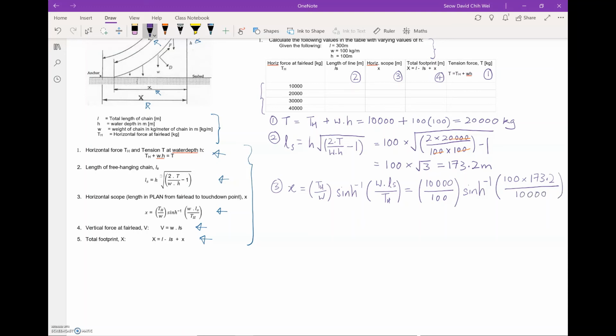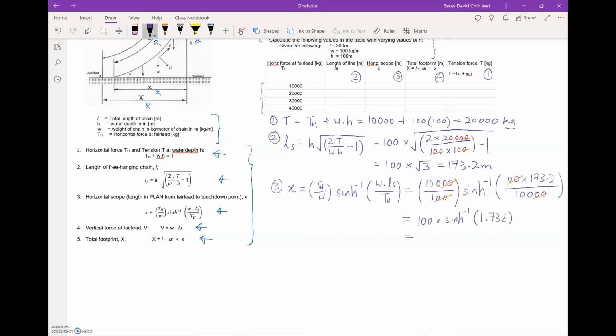Again, we can do some cancellation by observation, so the zeros are taken out, and what's left for the calculator is 100 multiplied by the inverse hyperbolic sine of 1.732.